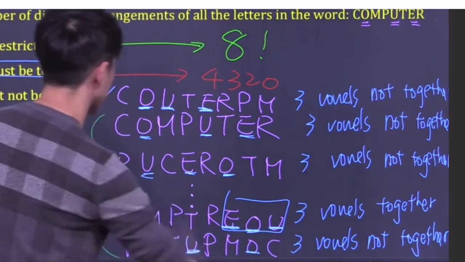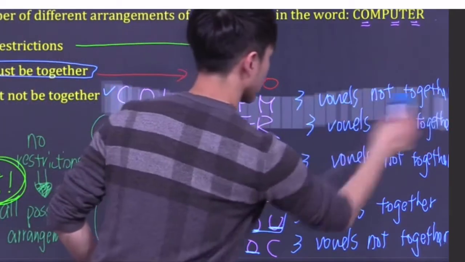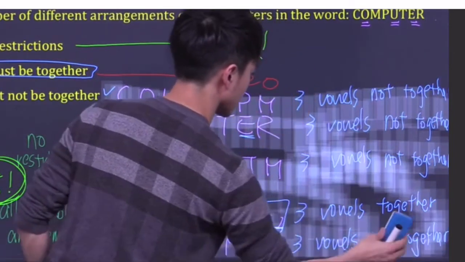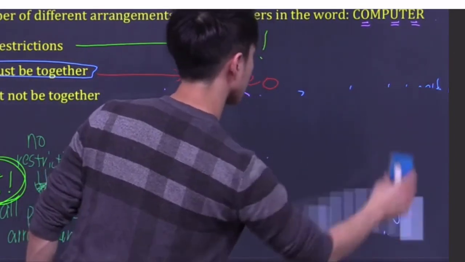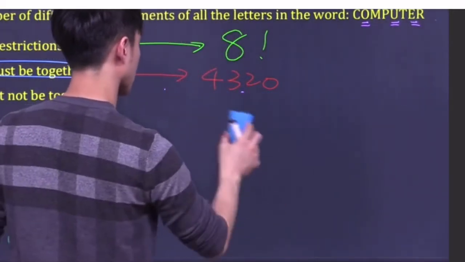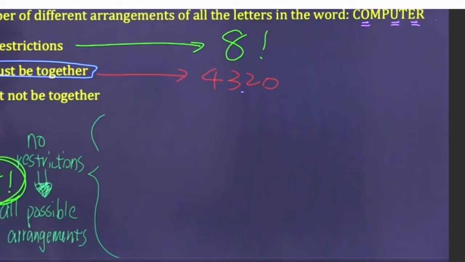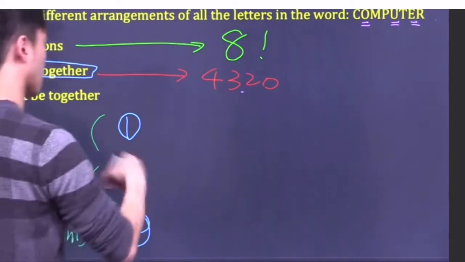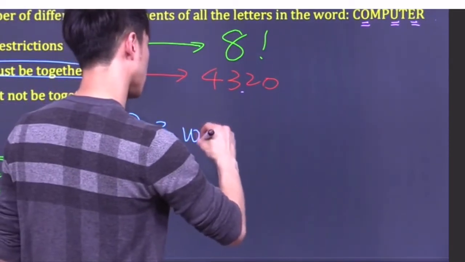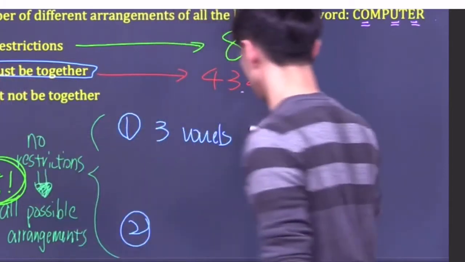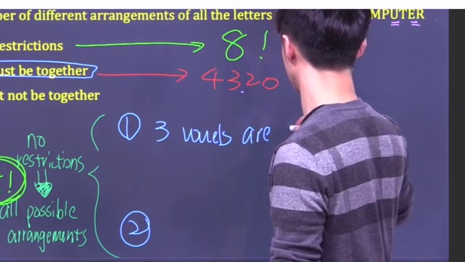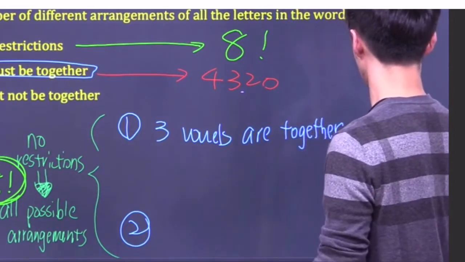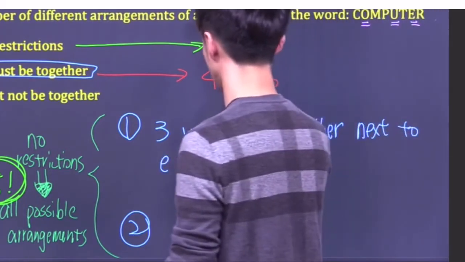Good. So now, here it is. We only have two possibilities. One is what? The three vowels are all together, next to each other.